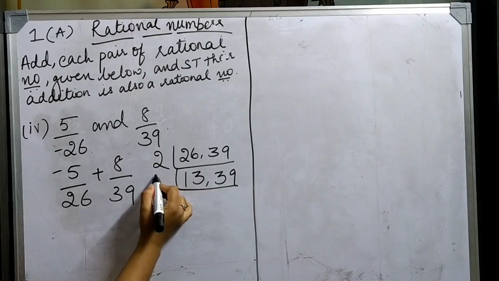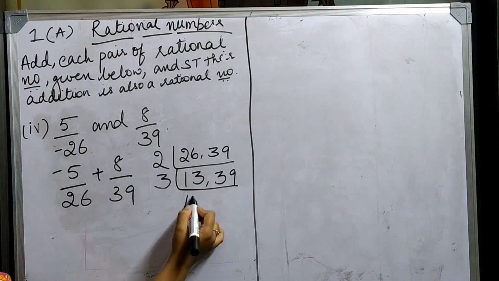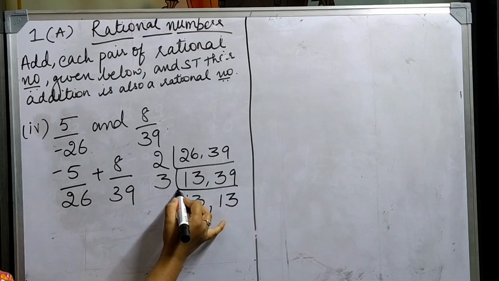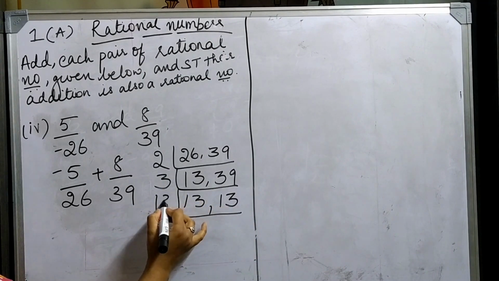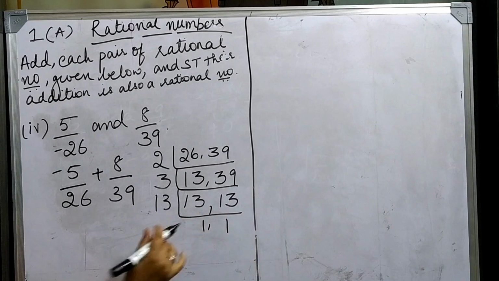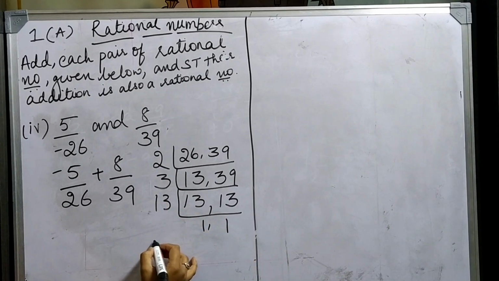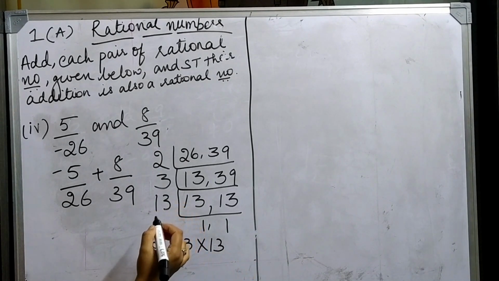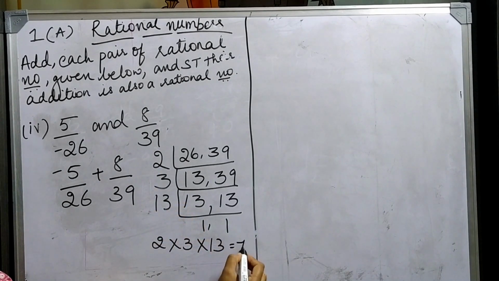And now we will go with 3. 13 is not divisible. Therefore it is again 13. And now it is 13, which is 1 and 1. Therefore, our LCM is 2 into 3 into 13, which is 78. So, our LCM is 78.